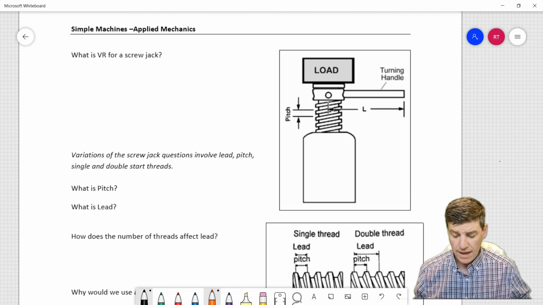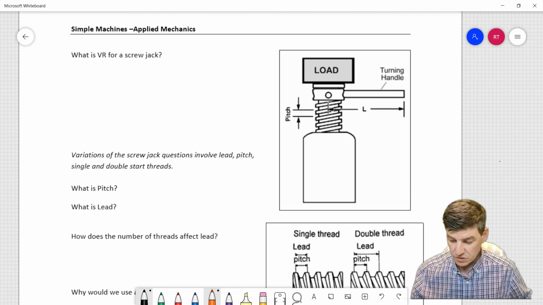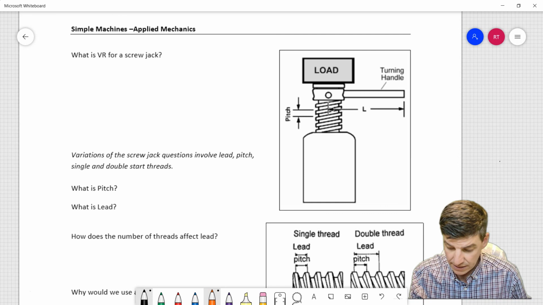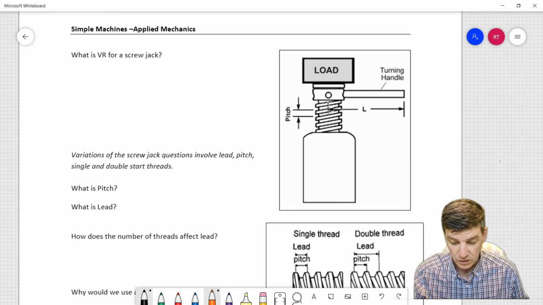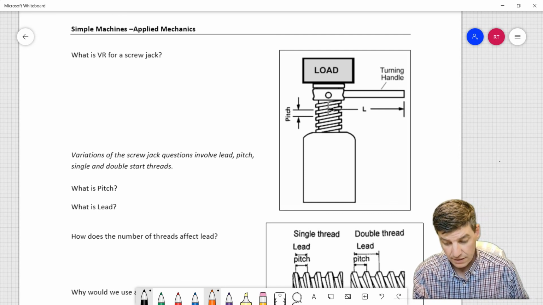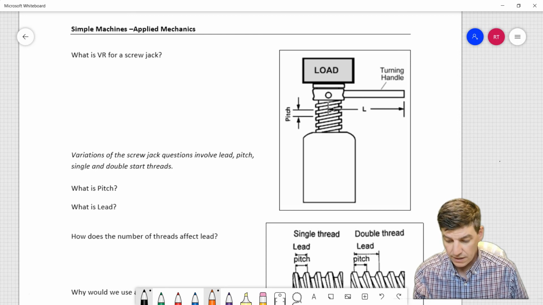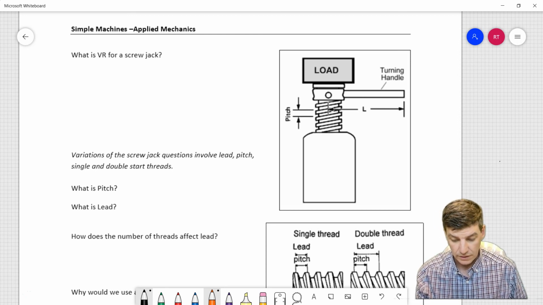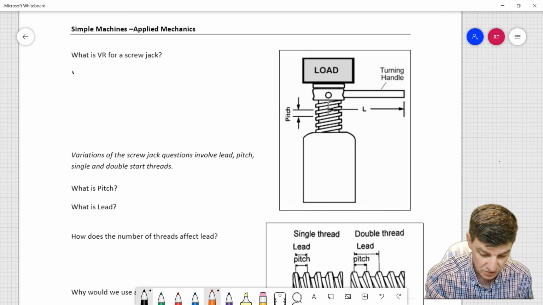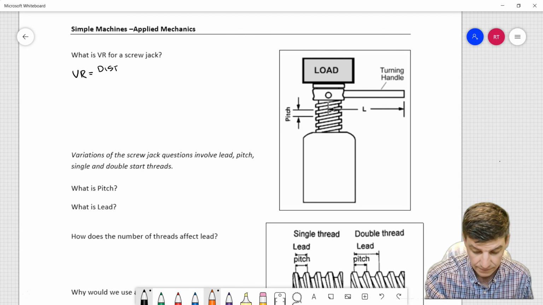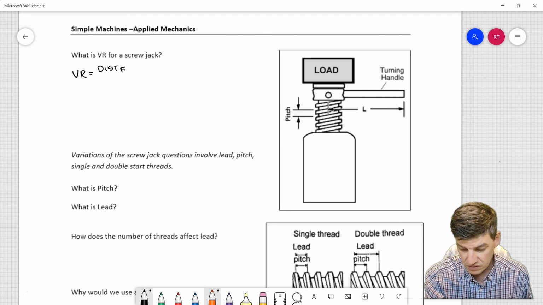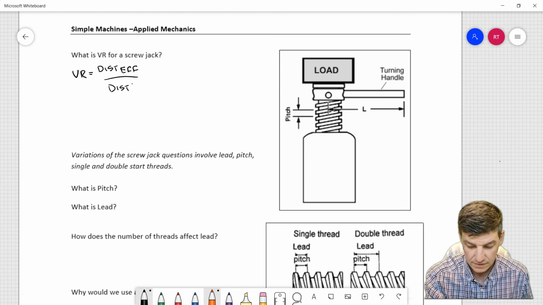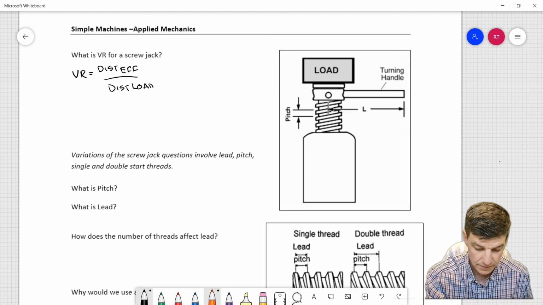How we calculate VR for a screw jack is that we have to look at how this thing changes relative to our effort compared to our load. VR is always the distance that our effort moves compared to the distance that our load moves.